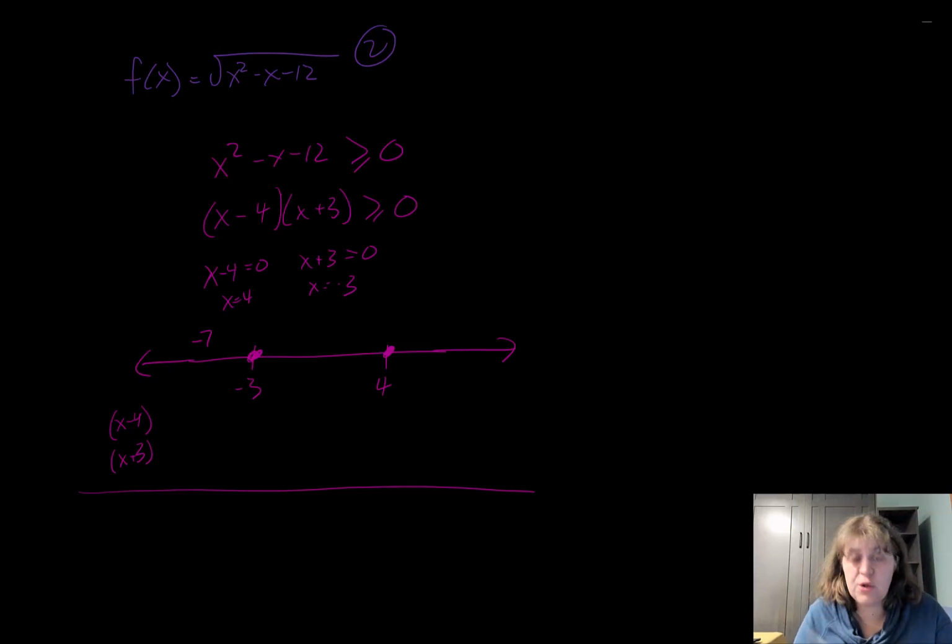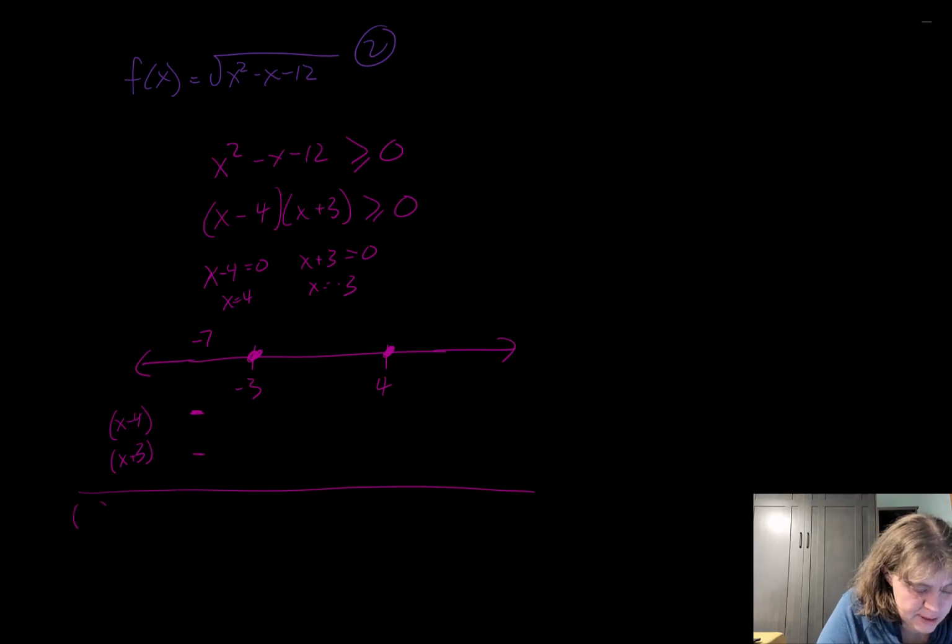These are the only 2 places where things touch 0, so these are the only 2 places where things could possibly change from a positive to a negative number. If I put negative 7 in here, I don't really care what negative 7 minus 4 is. I'm really focused on whether it's a positive or a negative number. Negative 7 minus 4 would give me a negative number. Negative 7 plus 3 is also a negative number.